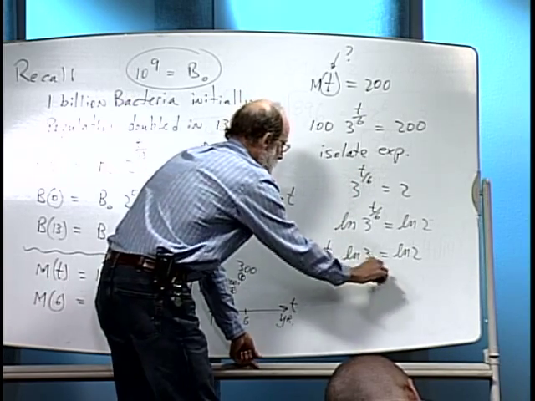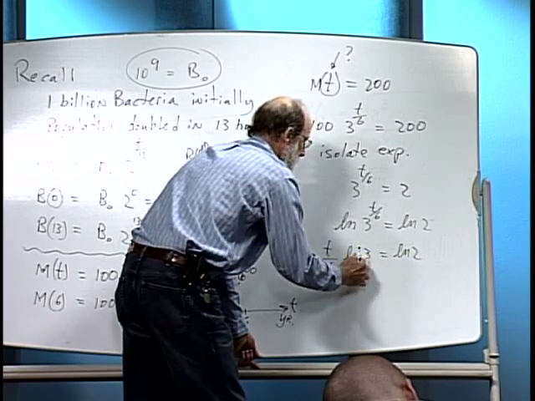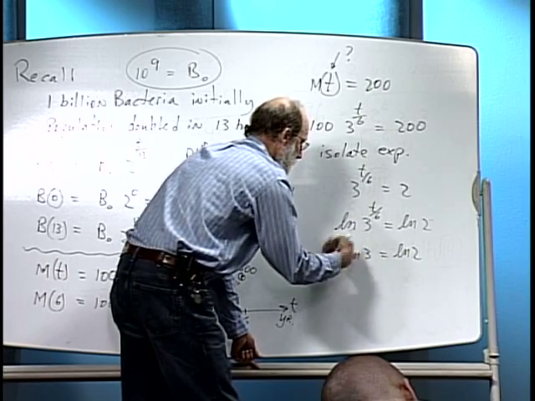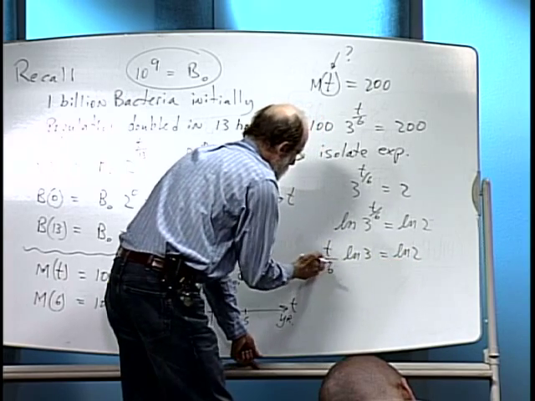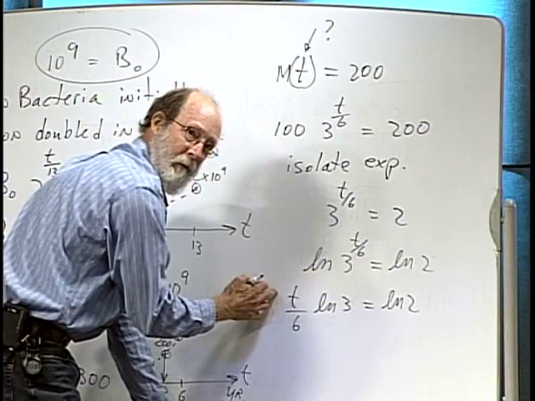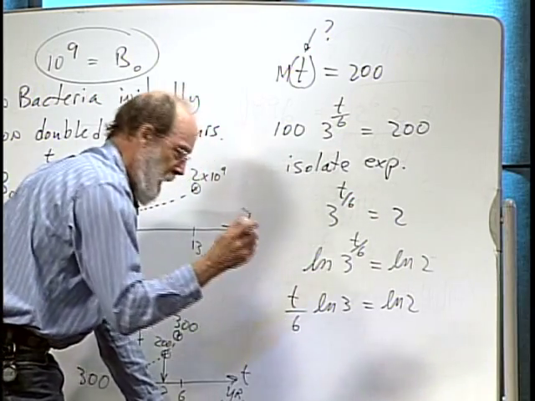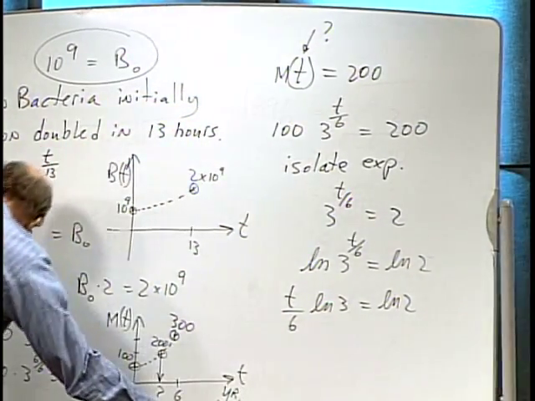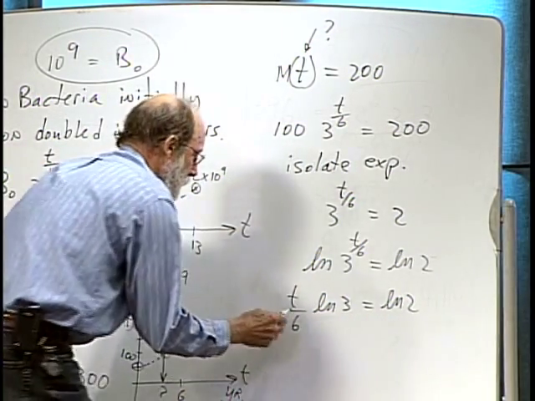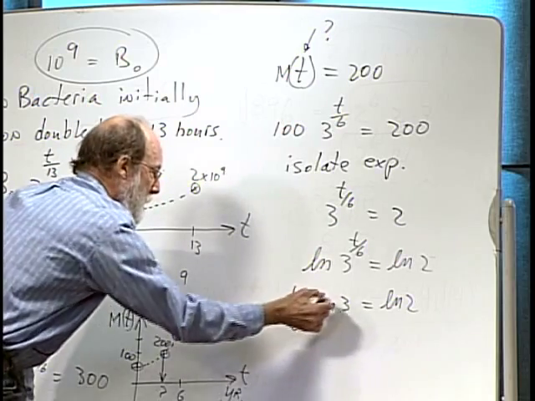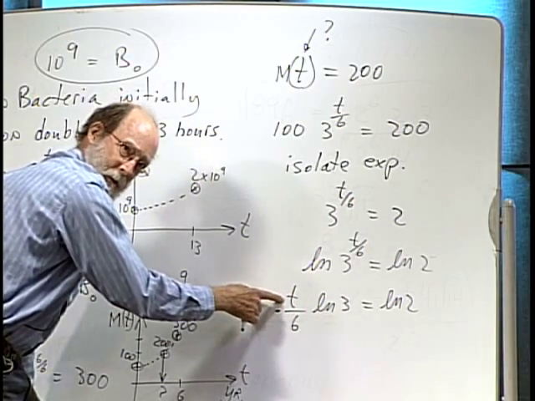We could divide both sides by the natural log of 3, and that would bring this natural log of 3 off the left side and put it as a denominator on the right. And then we'd multiply both sides by 6, right? But we could also multiply both sides by the reciprocal of what's attached to t.